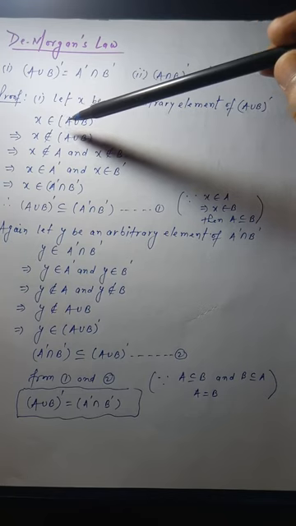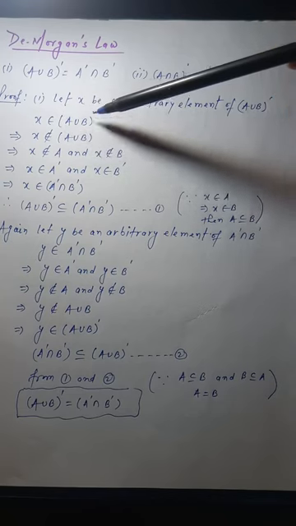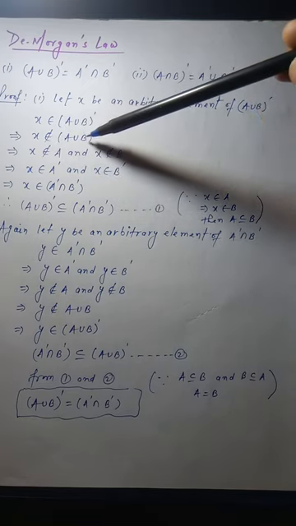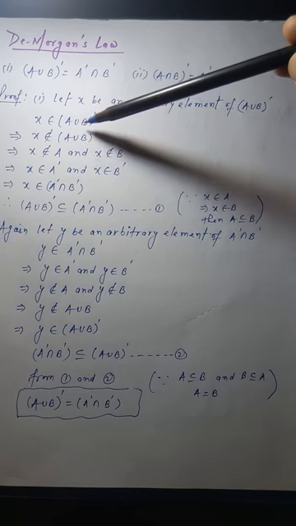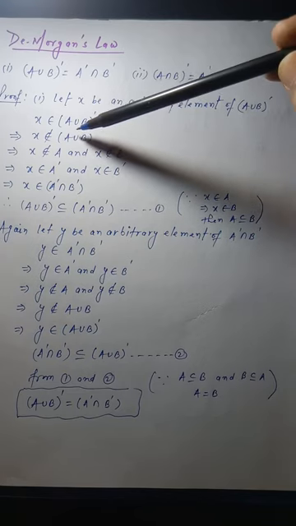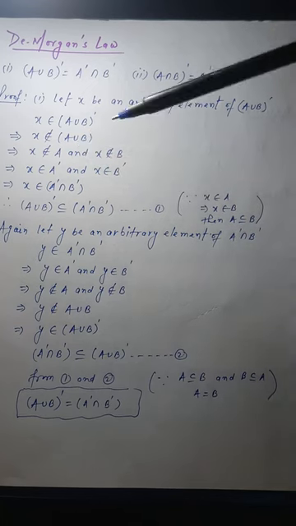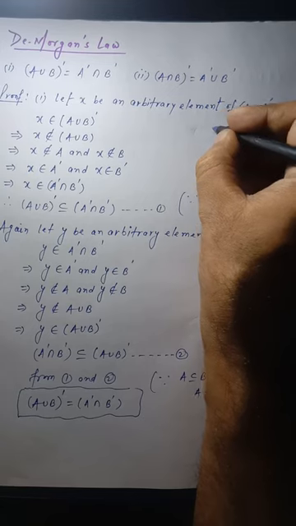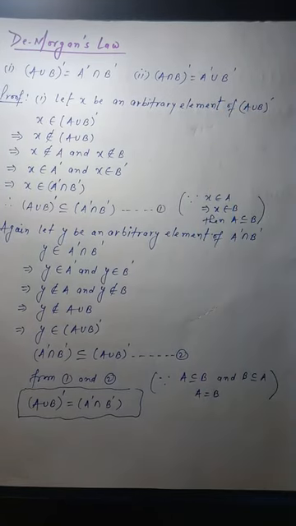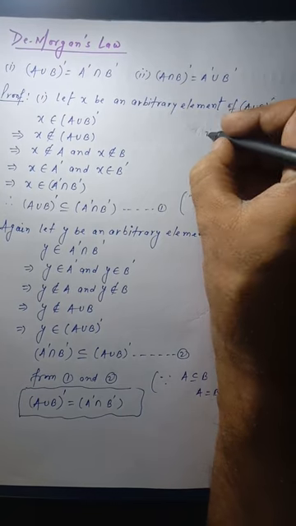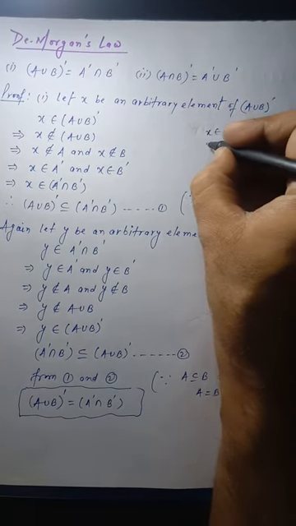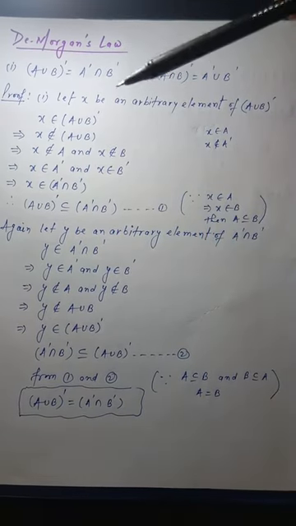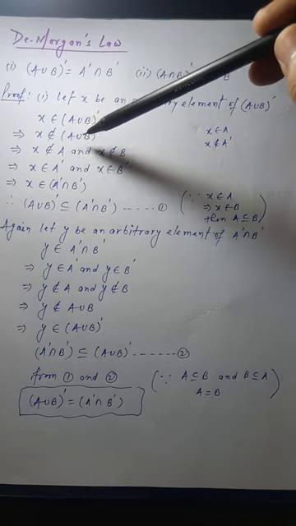So obviously it will not belong to A union B, because we already know when an element is in the complement, it will not be in the main set. Like when x belongs to A, it does not belong to A complement. This is a theorem. In the same manner, x does not belong to A union B.